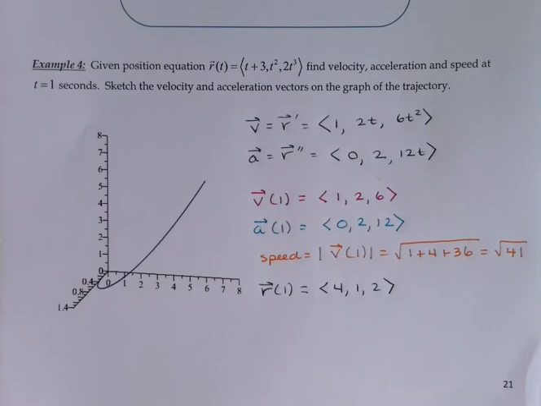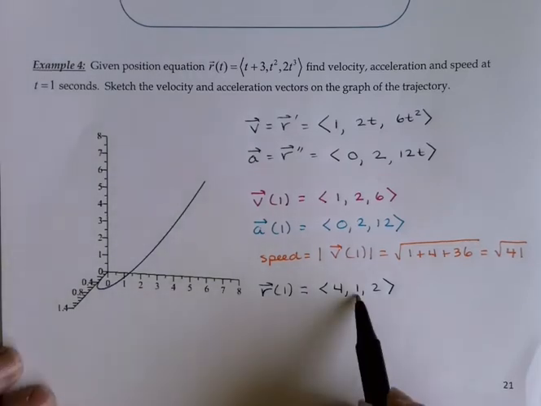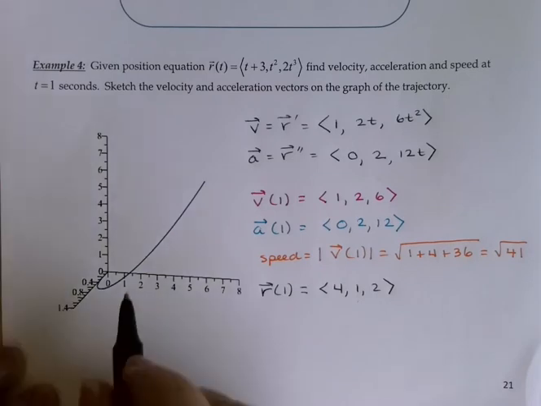All right, so let's see. I'm going to need to start by trying to locate the point where I'm doing all of this, the position 4, 1, 2. And because of the perspective, that might be a little bit tricky. I'm actually going to use the y value, the 1, to key on here.